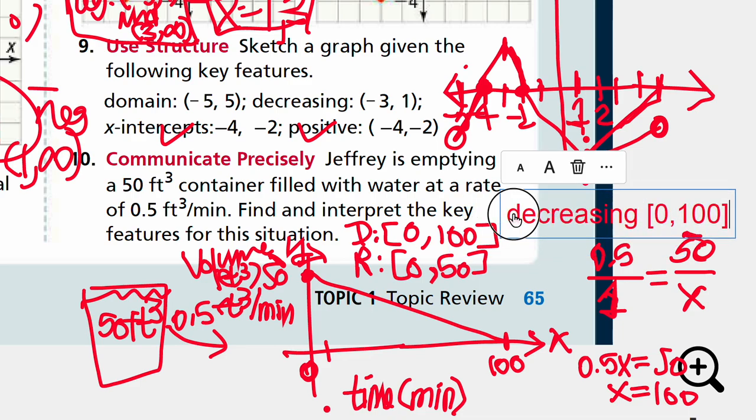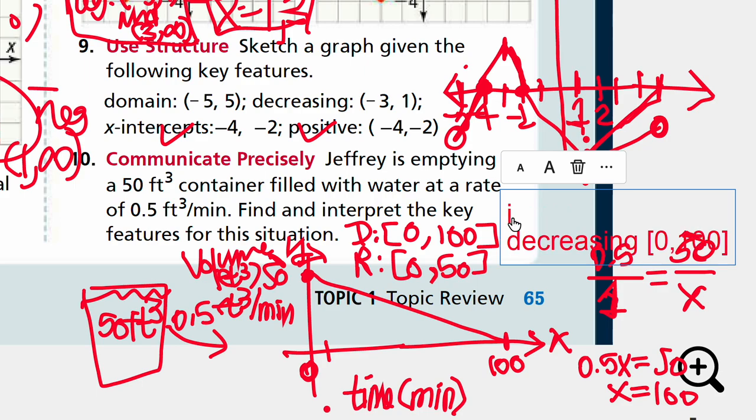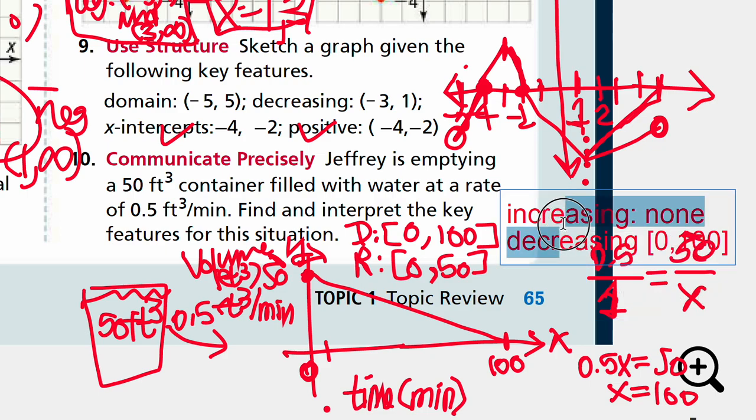And I'm also going to mention that it's not increasing anywhere. So increasing: none. Okay, so those are the two things that we got started: domain and range, increasing, decreasing.